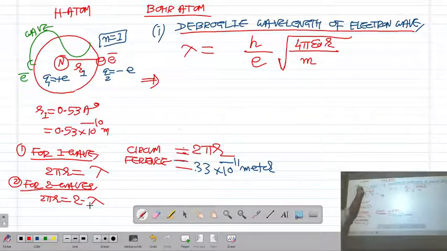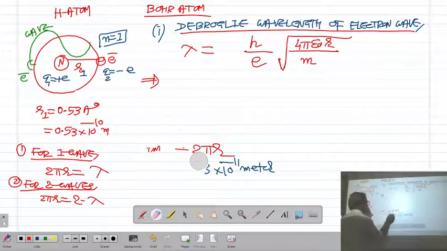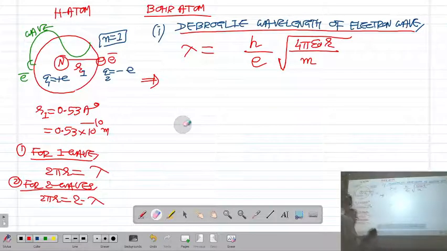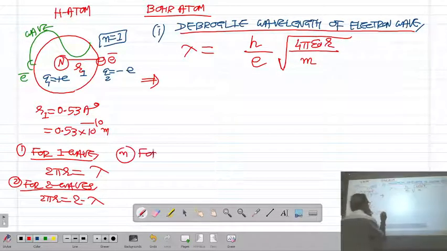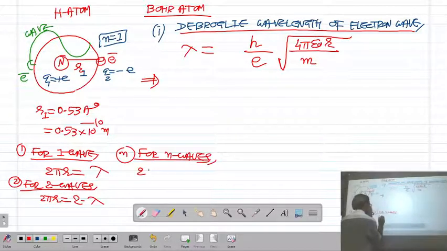If the circumference 2 pi r contains three waves, then 2 pi r is equal to 3 lambda. If the circumference contains n waves, for n electron waves, 2 pi r is equal to n lambda, right?